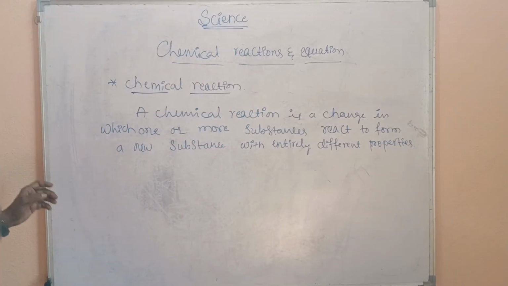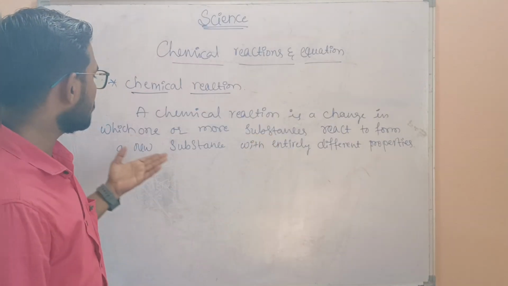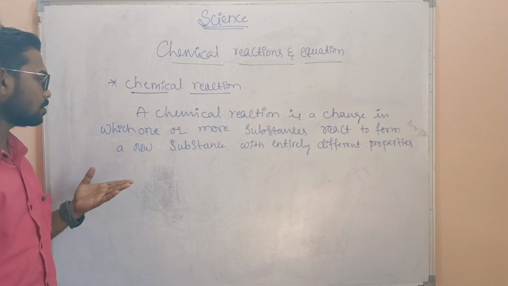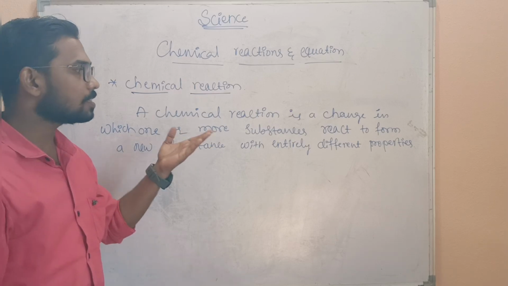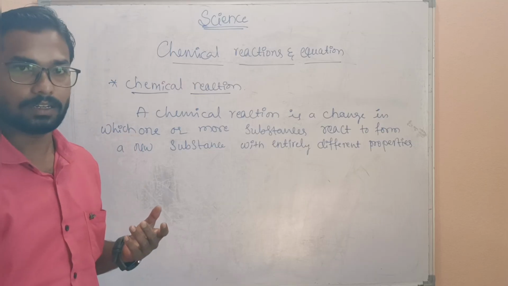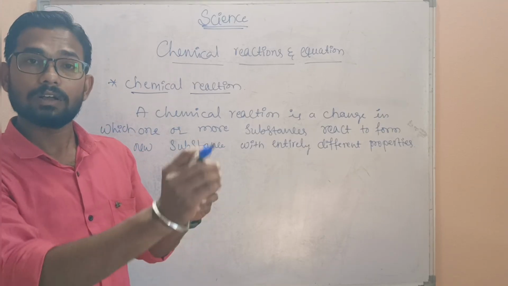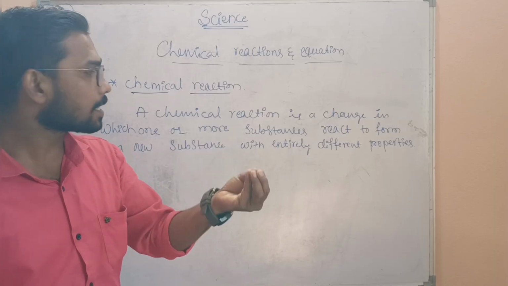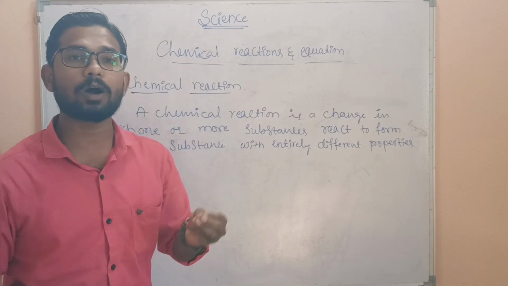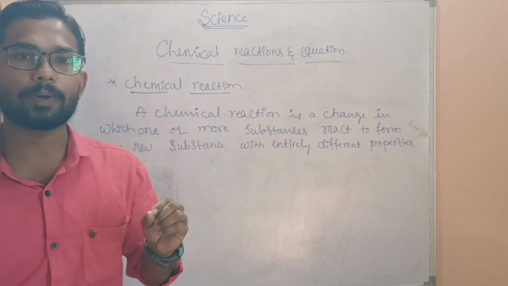So as you all know, I have written the definition of this chemical reaction here. A chemical reaction is a change in which one or more substances react to form a new substance with entirely different properties. In a chemical reaction, one or more substances react with each other, and they form new substances that have entirely different properties.